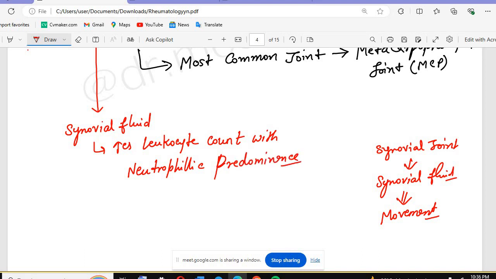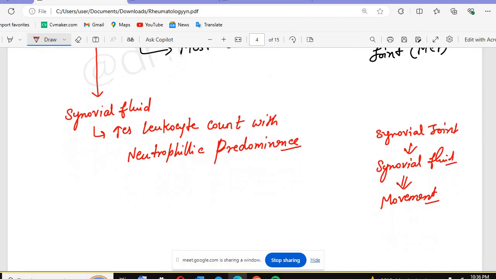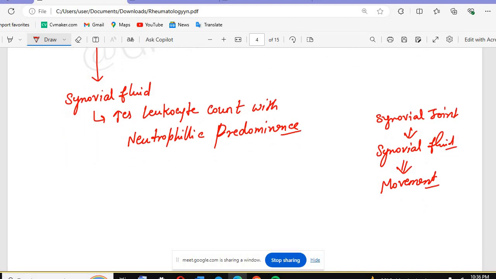So how will the patient come? The patient will say, doctor, I have a red, hot, swollen joint that is swelling, red and feeling very hot to touch. After that you do some tests and see that neutrophils are increased.